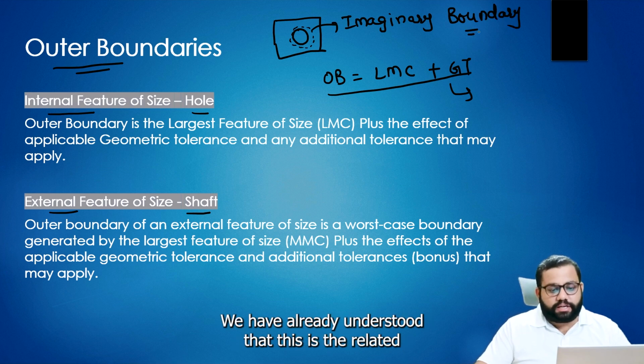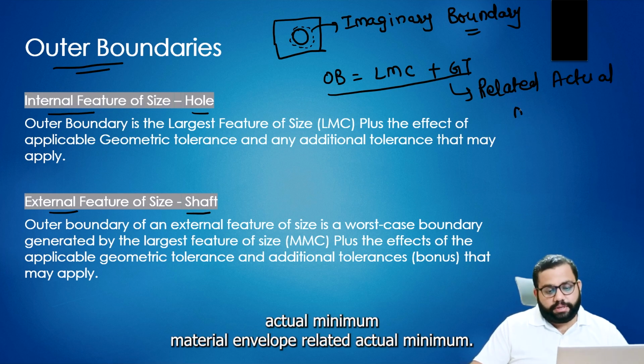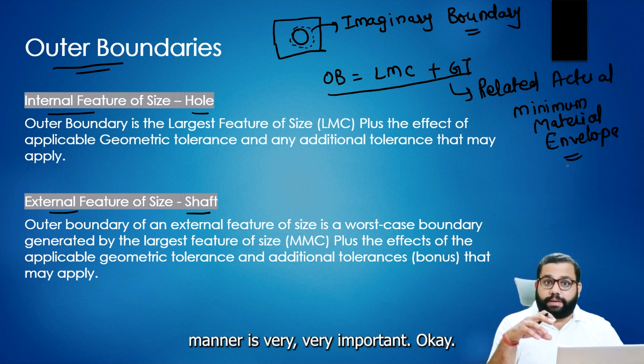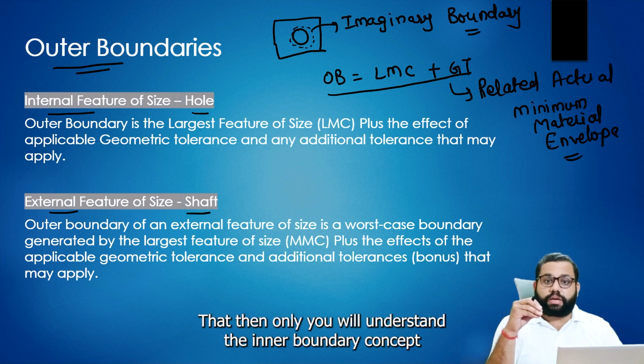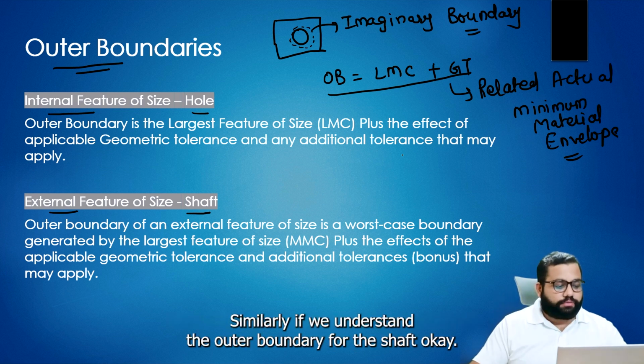We have already understood that this is the related actual minimum material envelope. So understanding these envelopes in a very detailed manner is very important, and only then will you understand the inner boundary and outer boundary concepts of the hole and the shaft. Similarly, we will understand the outer boundary for the shaft.